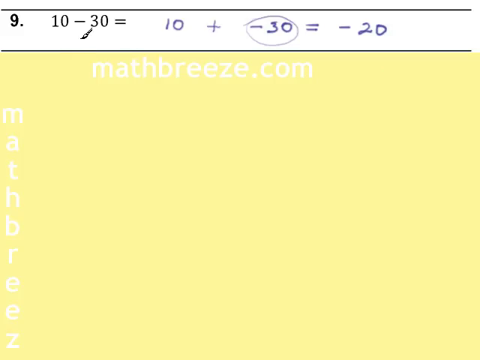Another way of viewing this is we have, in this example, a smaller number subtract a larger number. So whenever we have smaller minus larger, the answer is negative. So just keep that in mind as well, smaller minus larger is definitely going to be a negative number because you're basically subtracting more than you have. So you end up with something negative.